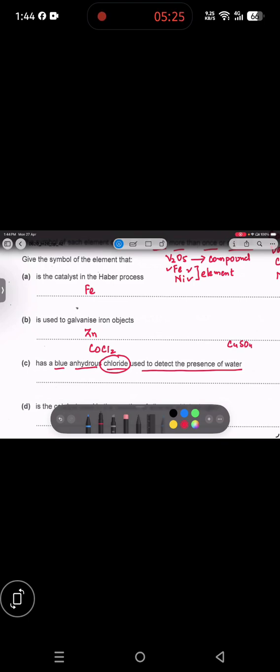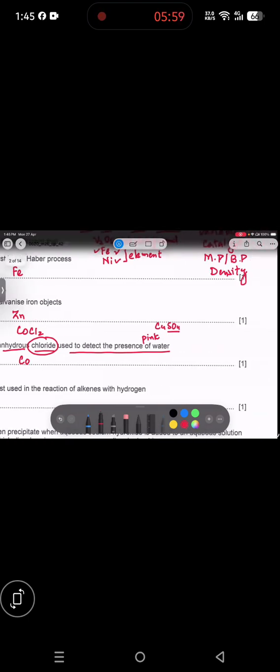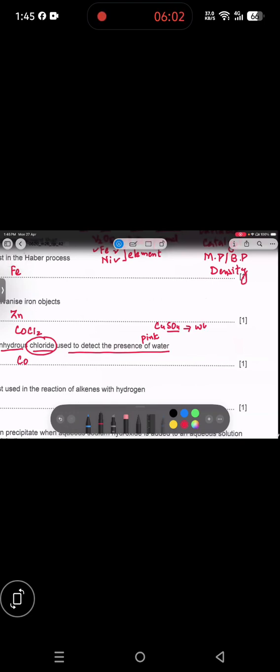The sulfate is the anion in copper sulfate, and the chloride is the anion in cobalt chloride. So the correct answer is cobalt. The anhydrous state is blue. When water is added, the color changes to pink. For copper sulfate, the color change is from white to blue.